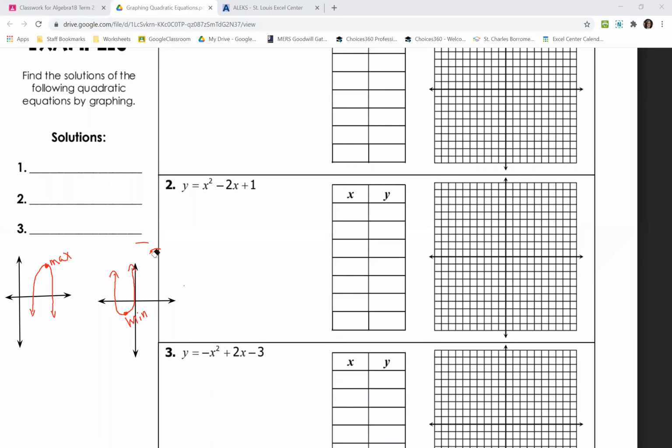So your parabola either has a maximum point or a minimum point, and we have a special name for those points. They're called the vertex. Okay, and so what's the vertex? The maximum or minimum point on the parabola.